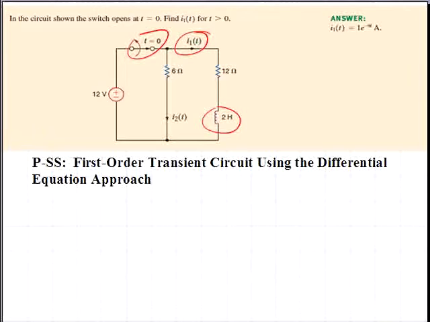We'll use the differential equation approach to solving this transient problem. For the inductor, we'll be concerned about the inductor voltage V sub L, the current I sub L. We note that I sub L is the same as the current I1 that is the goal of this problem.